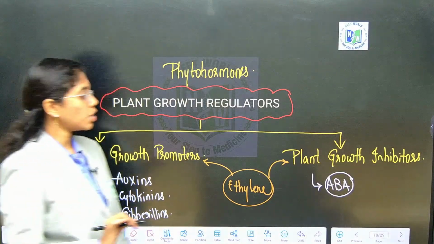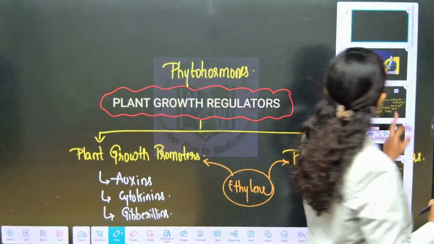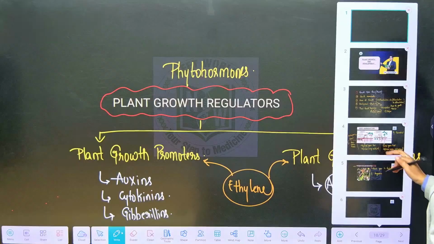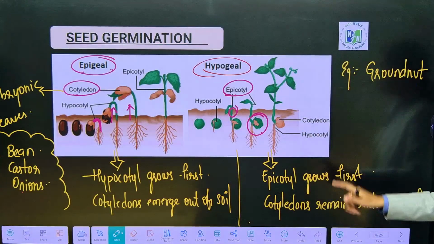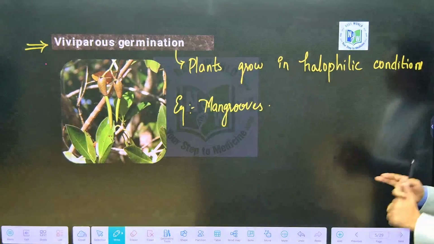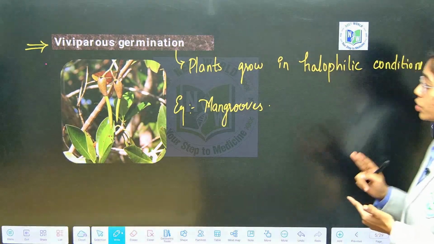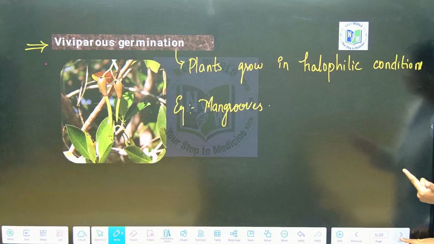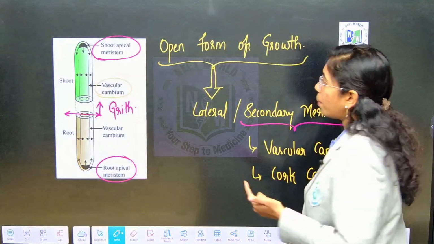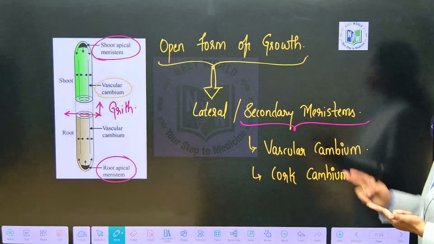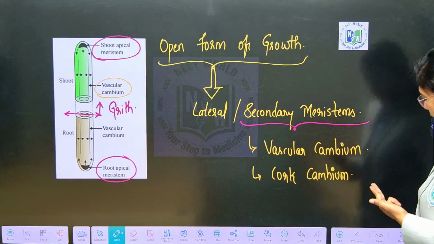So, for today's session, what have we learnt, ma? First, starting from seed germination, two types, epigeal and hypogeal, followed by viviparous germination observed in mangroves growing close to the seashore, followed by open form of growth because of lateral or secondary meristems.